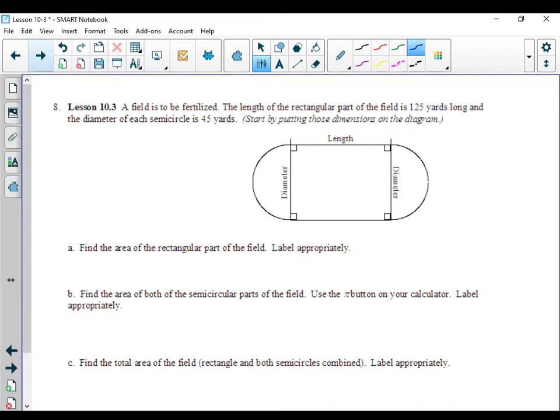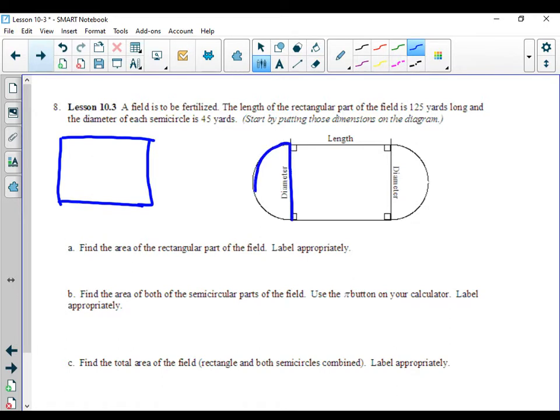2 half circles and then rectangle. One circle. What? It doesn't tell me. 2 half circles? One circle. Oh, the length is, it says 125. I'm cheating this a little bit and tracing this.